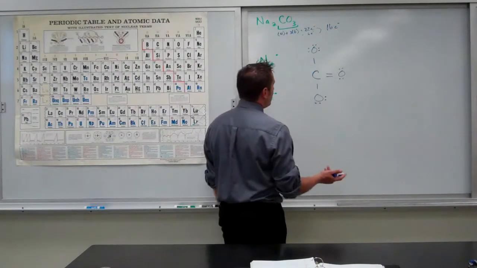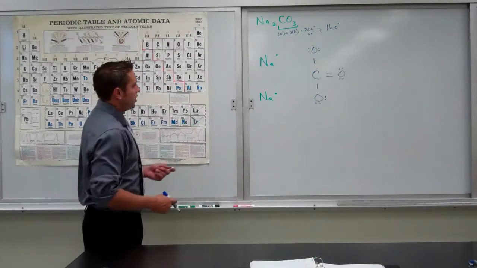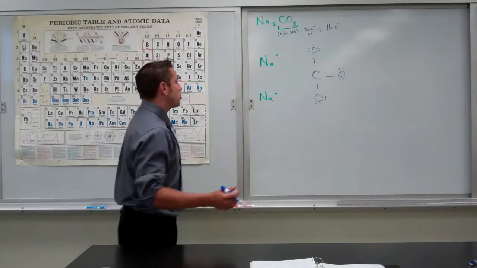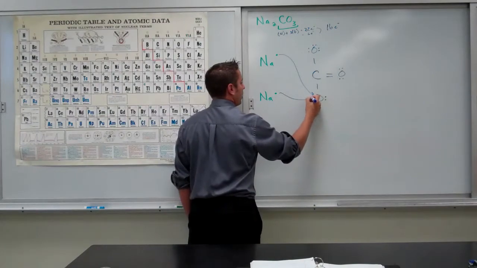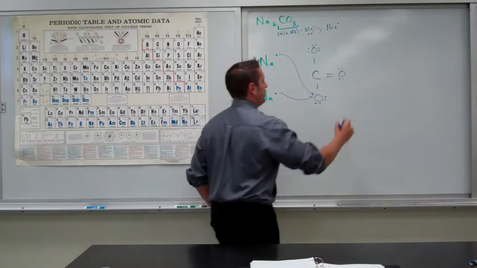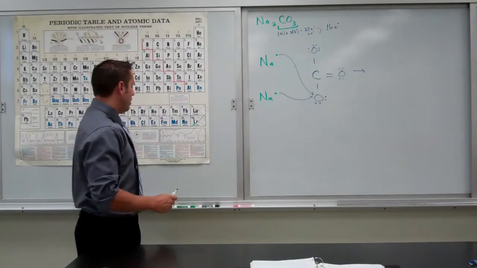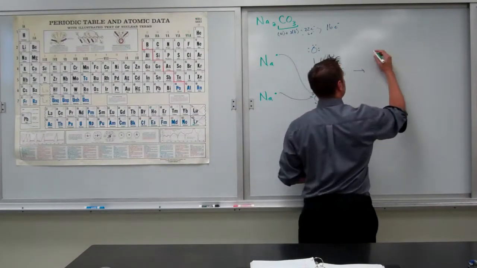But you will run into the scenario where I need 2 electrons to this oxygen to make oxygen happy. And sure enough, sodium in each case wants to lose 1. So each sodium will lose 1 to the oxygen, and that will allow it to get the 8 that it needs. So in the after picture, I will have 2 Na's.